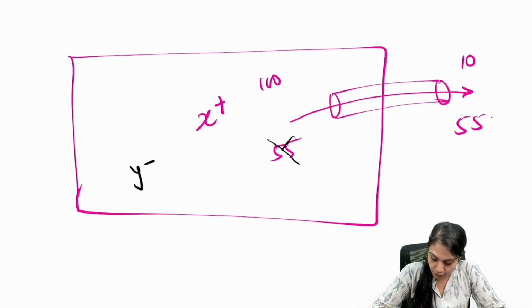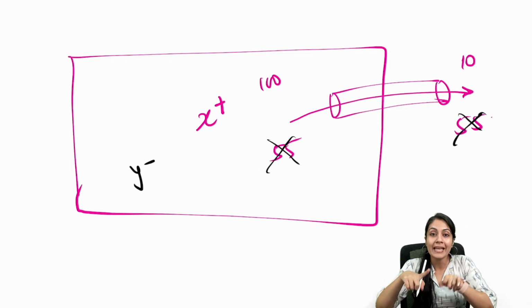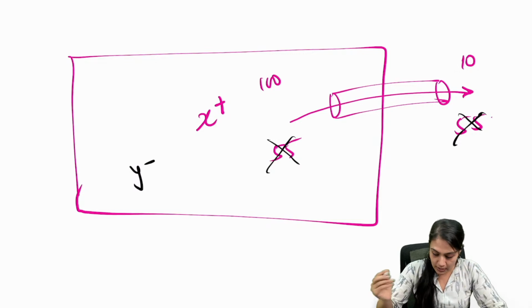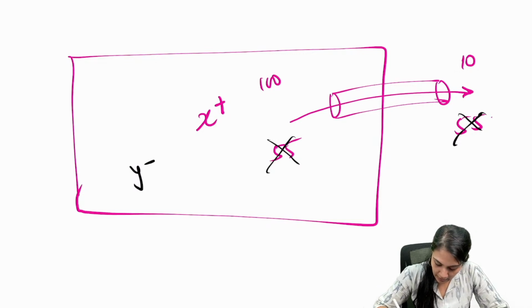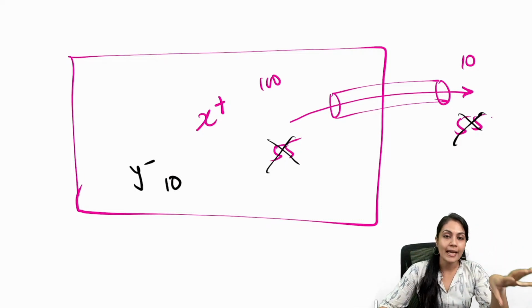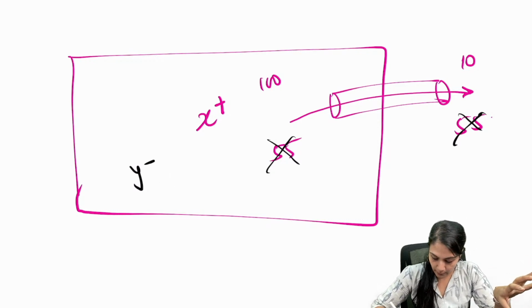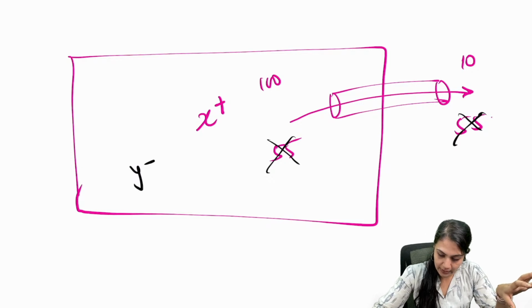This equation is going to change. Now instead of 55 and 55, that means instead of becoming equal on both sides, because let's say there are 10 extra molecules over here, the extra 10 molecules are going to stay inside. Rather than doing the math, let's say 20 molecules are there, right?